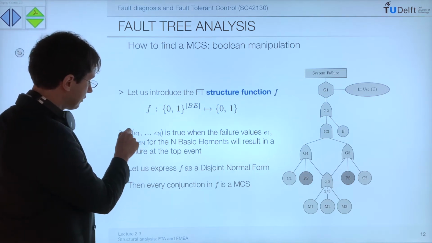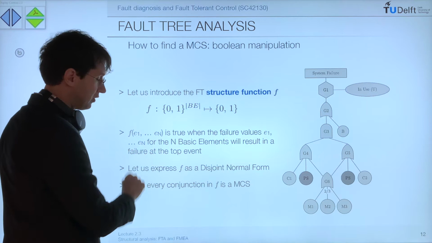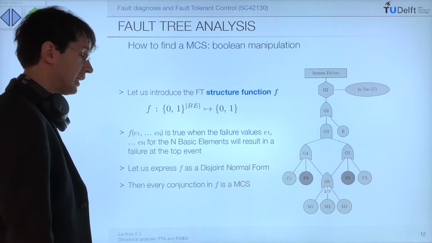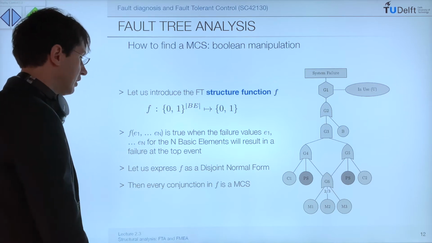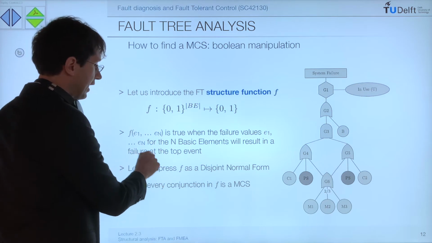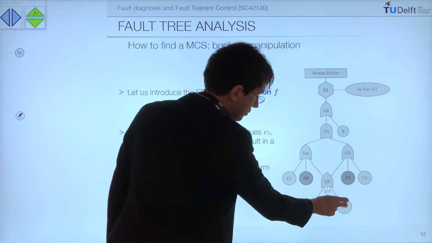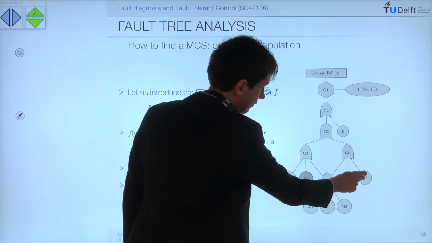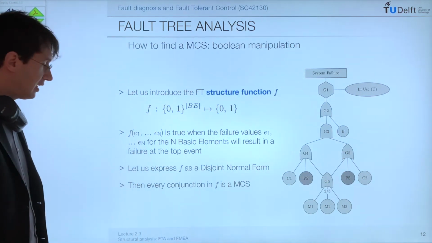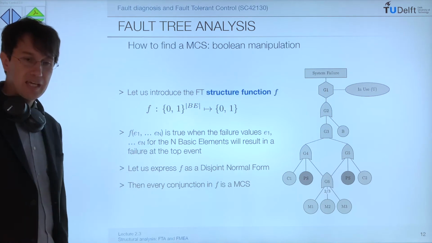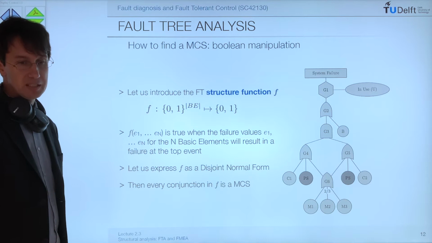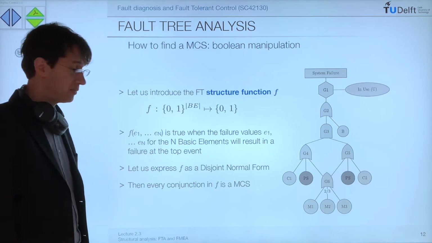So the inputs of this function are a set of logical values, one for every basic element in the system. So in the case of the computer system, we have 8 arguments to this function, 8 logical variables that can either be 0, the system is working, or 1, the system is not working.